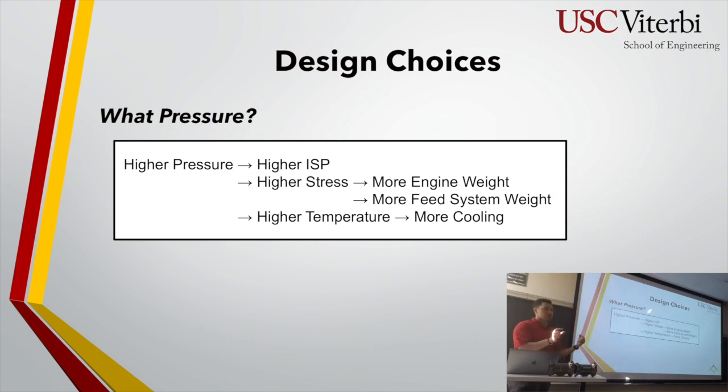Your walls might need to be thicker, a bunch of things you need to worry about. It's going to end up being more weight, which is going to affect the rocket equation getting off the ground, and you need more feed system weight. So that's one side. And then you'll have a higher temperature, and the higher temperature means you need more cooling. So it's a design, finding what works for your application.